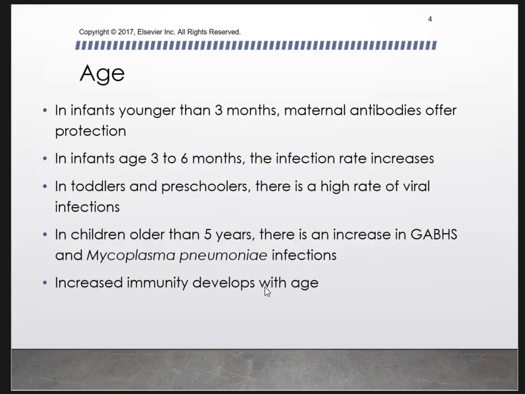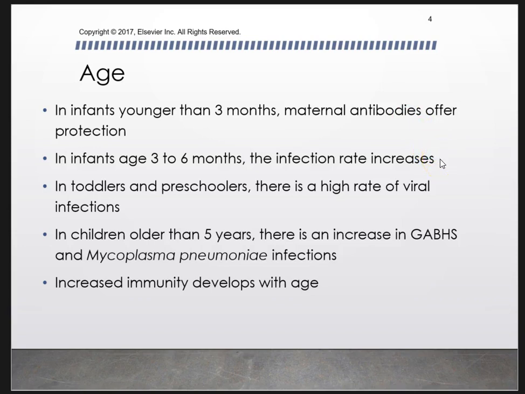Age is a big factor in how you as a nurse are going to respond, and also how the child themselves and their body will respond to the respiratory infections. Obviously our younger kiddos are going to be at a more significant disadvantage. Oops, sorry, no. Anyone younger than 3 months still has those maternal antibodies, which are offering extra protection, okay?